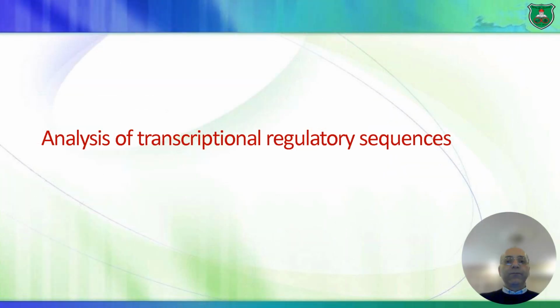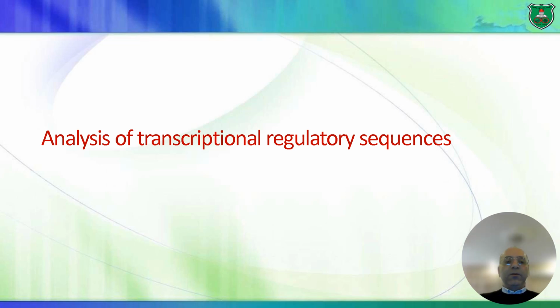Right, so let's talk about something different here. Let's talk about how we can analyze transcriptional regulatory sequences. Now, we talked about regulatory pieces of DNA, like promoter regions, for example, or enhancers.